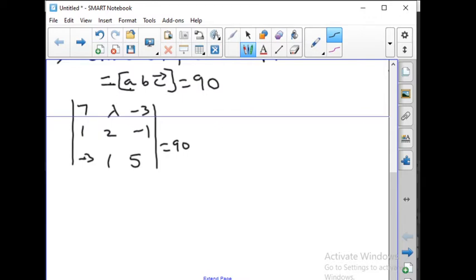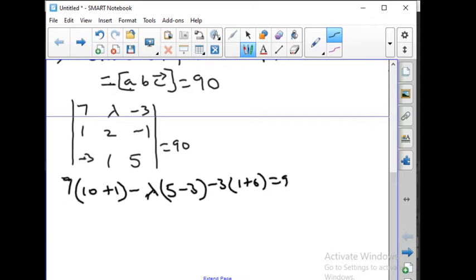So what is it when you expand? 7 into 10, plus (1 minus lambda) into (5 minus 3), minus 3 into (1 plus 6), is equal to 90.